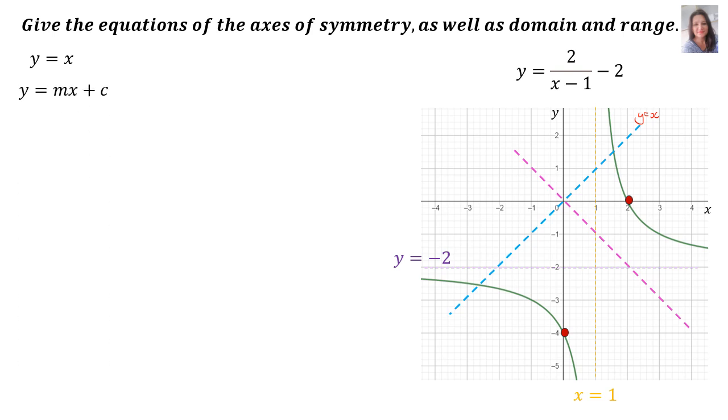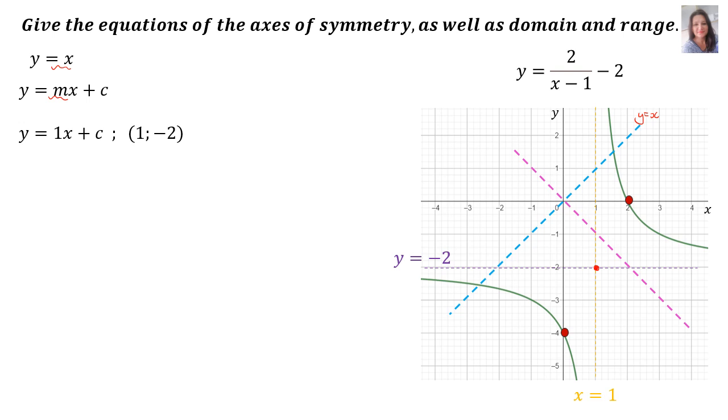So for a straight line, we start with y is mx plus c. And then we know that our axis of symmetry's equation will be parallel to the line y is equal to x. Therefore, the gradient is 1. It's the exact same gradient. And then your new axis of symmetry will pass through the point (1, -2).